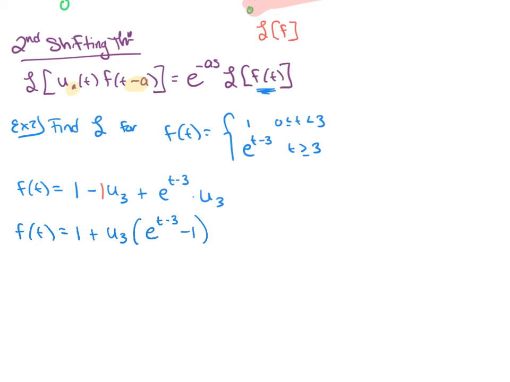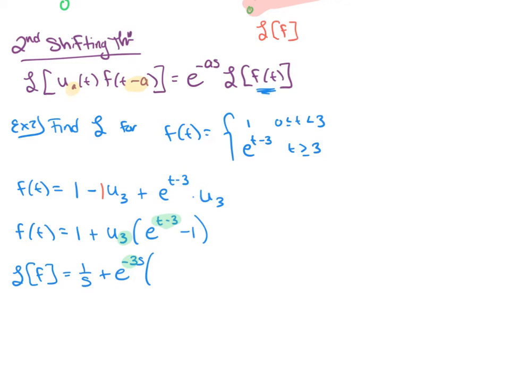Okay. Then I'm going to take the Laplace transform of this. So the Laplace of 1, remember, is just 1 over s. Whenever you see the unit step function, you always put in e to the negative as. So in this case, it will be e to the negative 3s. And then you check to see of your functions that have variables. So don't worry about the constant function 1 over here. But of your functions that have variables, the variables should have a shift that matches your a.